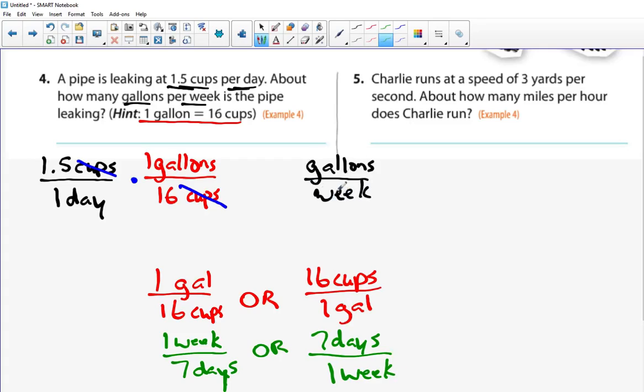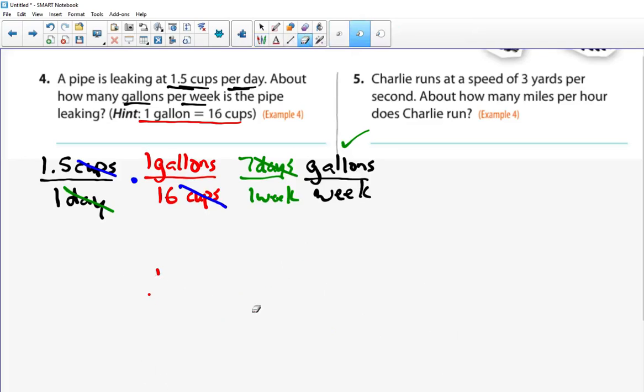This time we want weeks to be on the bottom, so we're going to go with this rate here. So we say 1 week and 7 days. Then again, this will cancel out. You have days on the bottom, days on the top, those go away. And the only units we have remaining are gallons and weeks, which is what we were looking for. Okay, that's the first part.